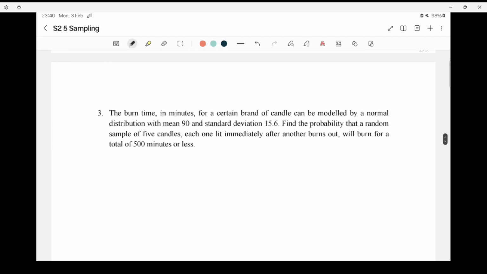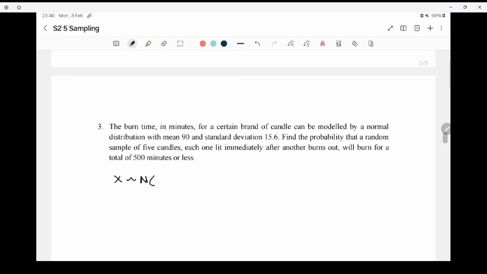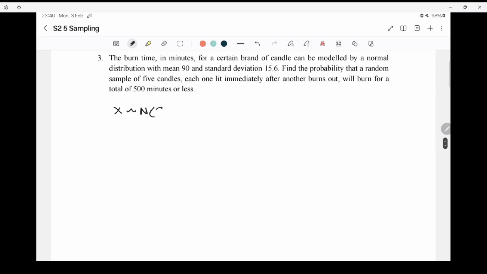Question 3. The burn time in minutes for a certain brand of candle can be modeled by a normal distribution, mean 90, standard deviation 15.6. So let's say this is your burn time. It is normally distributed with mean 90, standard deviation 15.6 squared.